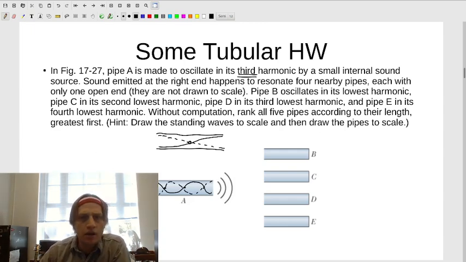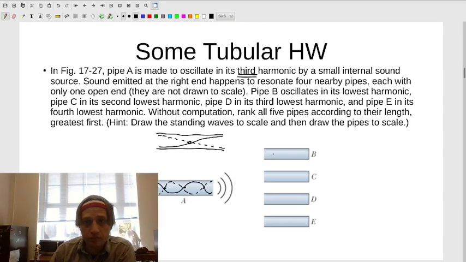Okay? Now, it says sound emitted at the right end happens to resonate four nearby pipes, each with only one open end. They are not drawn to scale. Pipe B oscillates in its lowest harmonic. Pipe C in its second lowest harmonic.